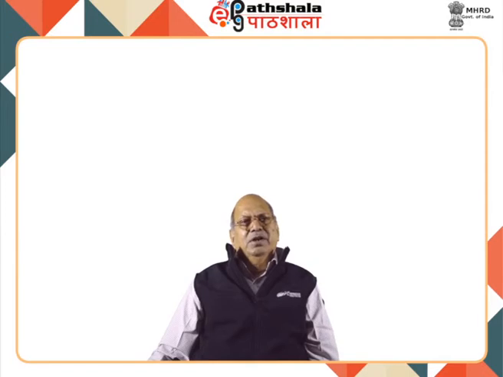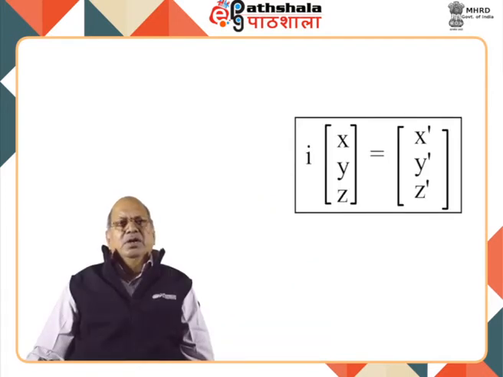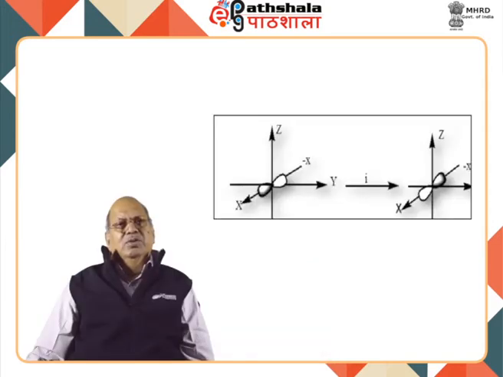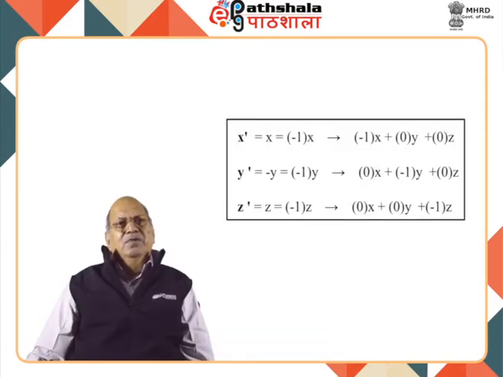Now, let us see the effect of inversion operation on x, y, z unit vectors. It can be written again, I operated on x, y, z is equal to x dash, y dash, z dash, and these effects are shown over here. In equation form, these can be written as x dash is equal to minus 1x, 0y plus 0z, y dash is equal to 0x minus 1y plus 0z, z dash is equal to 0x, 0y minus z.